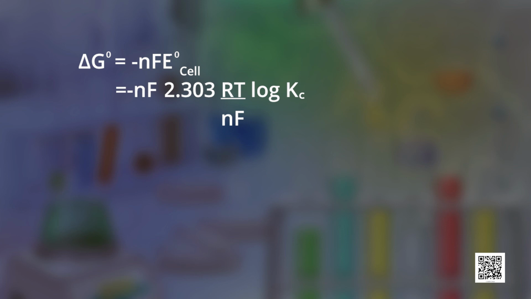If we substitute the value of E naught cell found above, we get minus nF into 2.303 RT upon nF log Kc, and so delta G naught becomes equal to minus 2.303 RT log Kc.